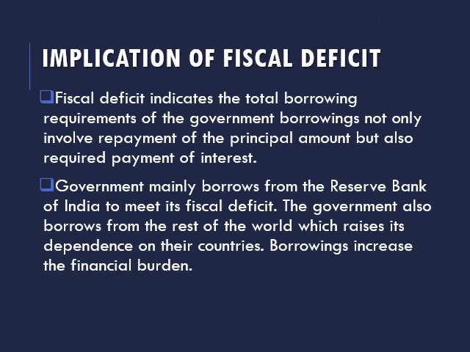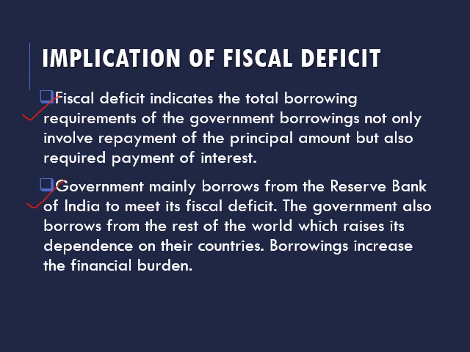Implications: fiscal deficit indicates the total borrowing requirement of the government. Borrowing not only involves repayment of the principal amount but also requires payment of interest. This is the first implication.